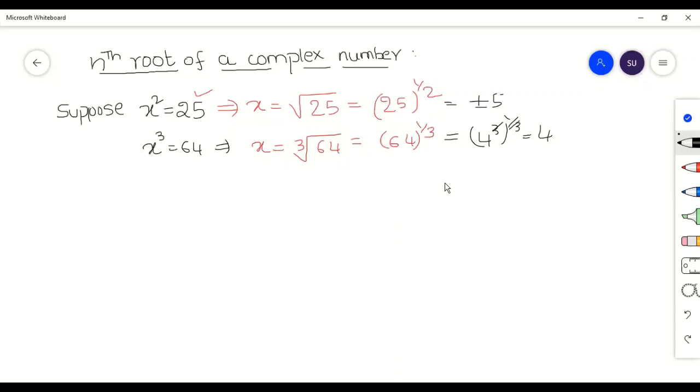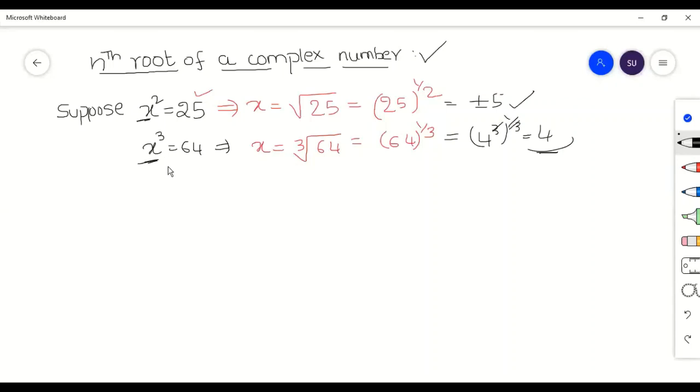Then for x square, the second degree equation, we are getting two roots, right? The same way, if it is third degree, we should get three roots, but we are writing only one, that is 4. So in order to find the remaining two roots, we use the concept of the nth root of a complex number.